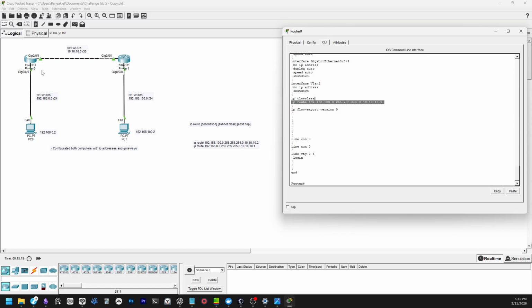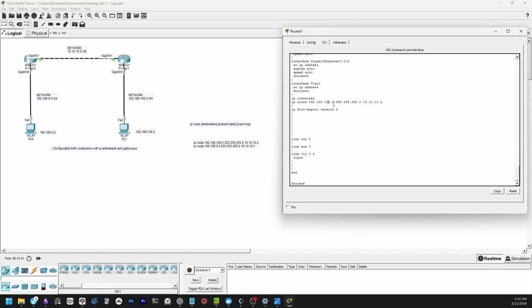So now, if we're trying to get to this network, any IP address that is in this network, forward it to the router. That's basically what it's trying to explain, and that's the actual reason why dot zero is here.